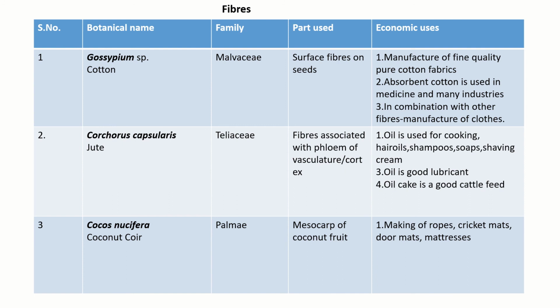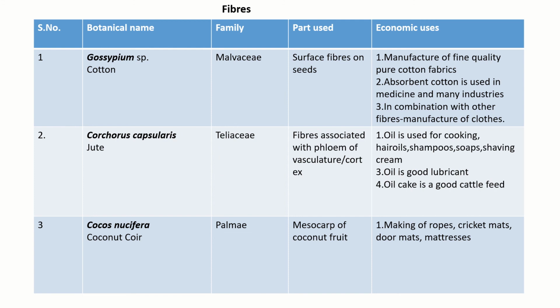It has a very wide use in medicines. Absorbent cotton is used in medicines. Absorbent as well as non-absorbent cottons are used in research laboratories. In combination with other fibers, it is also used in manufacturing of clothes. It is used in manufacturing of clothes directly as well as in combination with other fibers. You must have all heard of mixed fiber, they say. They mix some other fibers with cotton to manufacture clothes.